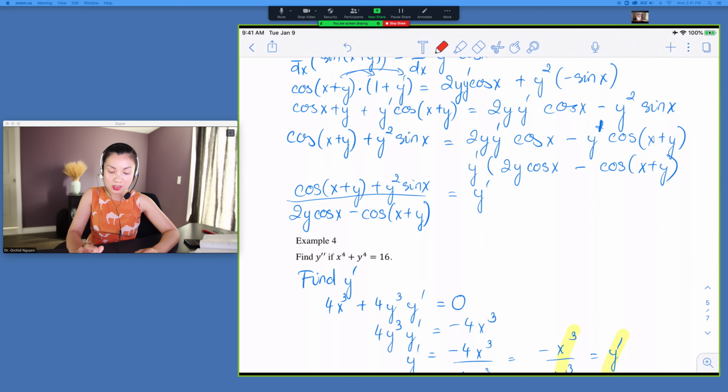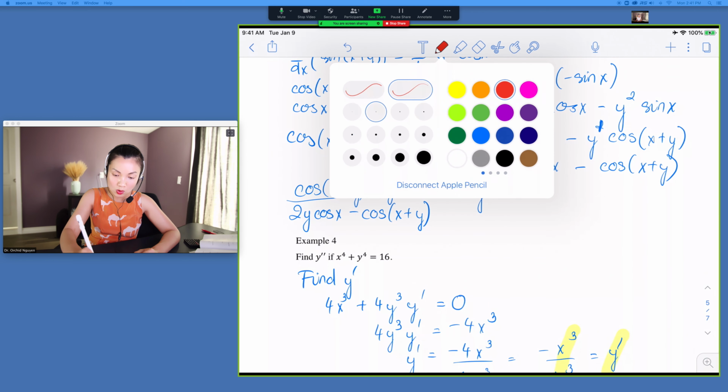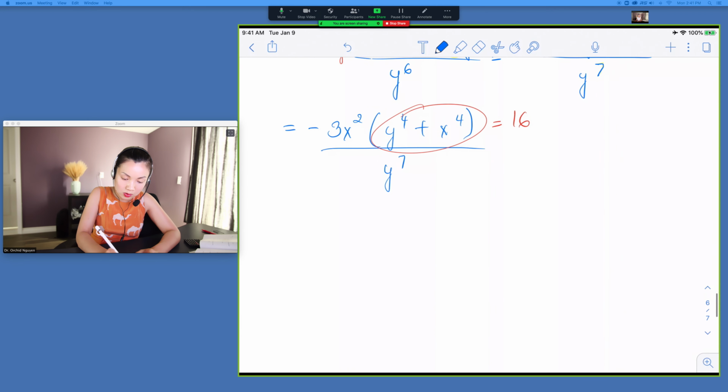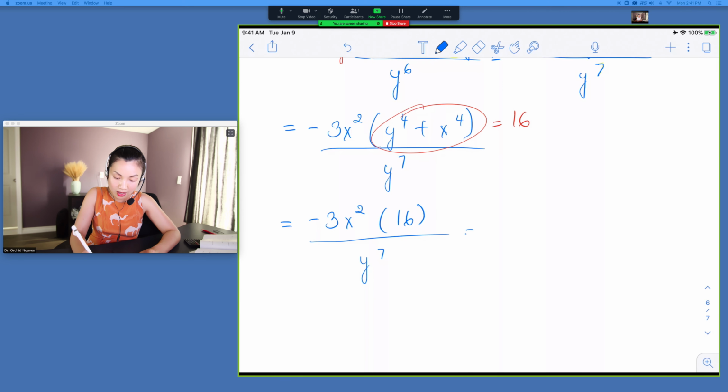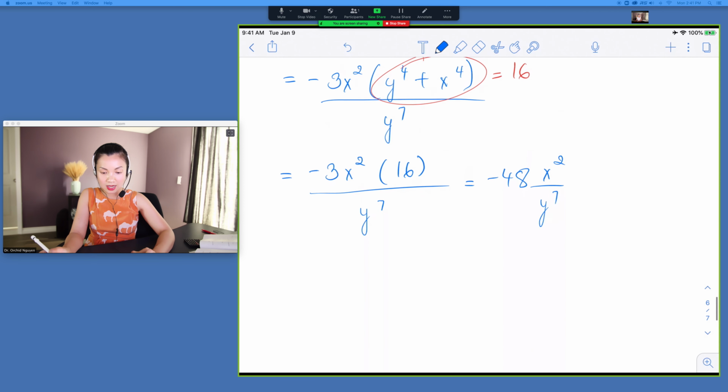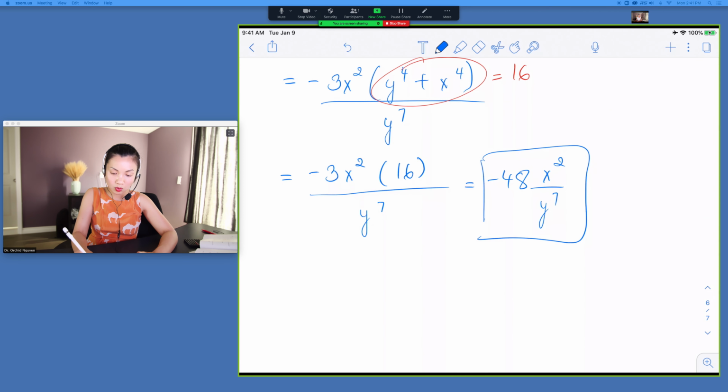X to the 4th plus y to the 4th is 16. So I'm going to take that and plug it in. So now we have negative 3x squared times 16 over y to the 7th. So what we have is negative 48x squared over y to the 7th. And that's our solution.